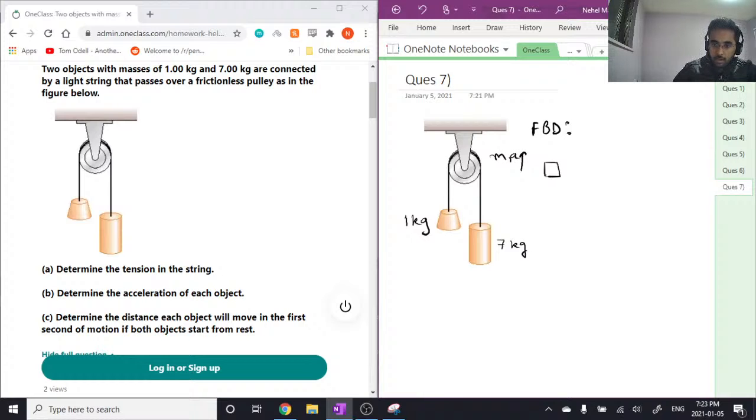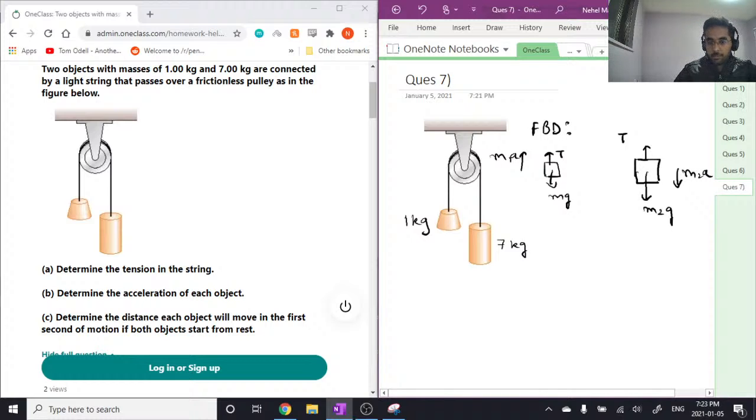The weight of the block is acting downwards, which is mg, and the tension in the string is pulling it upwards, T. And for the second block, which is the bigger block, we have the weight of the block pulling it down. The tension resists it, so it's pulling it back up, and then the overall motion of the system is downward, so it's M2A.